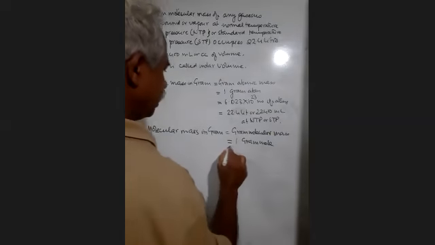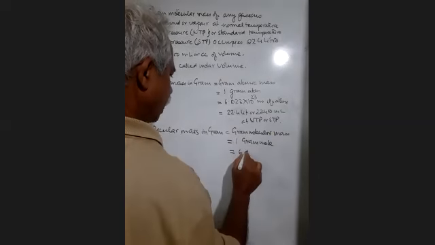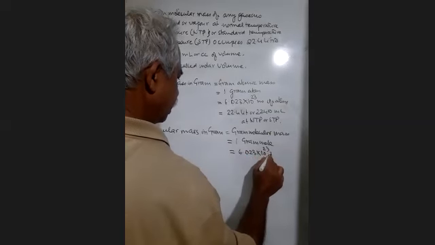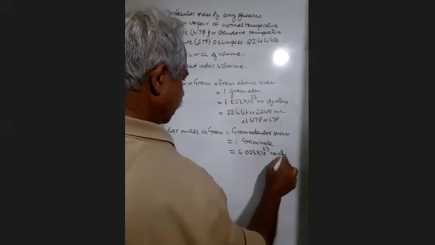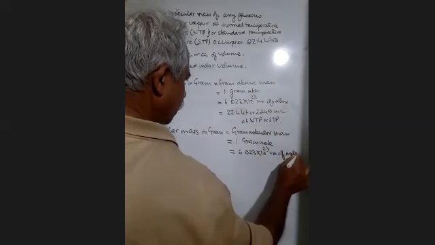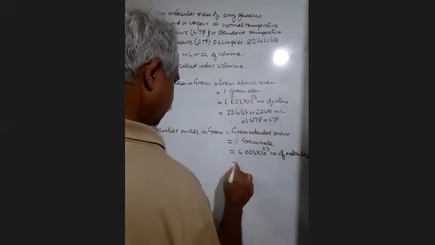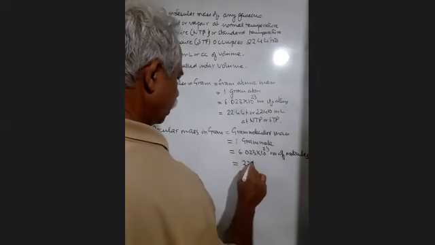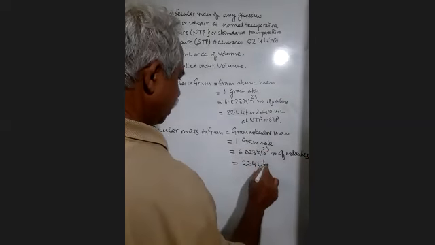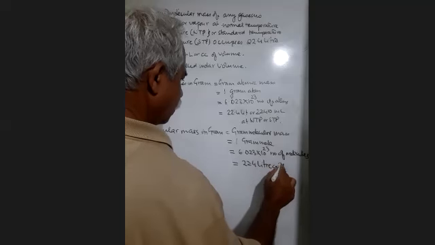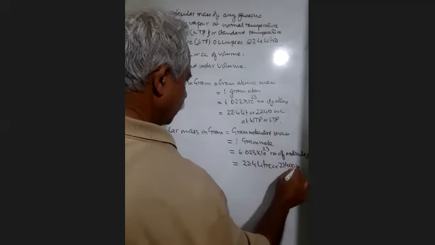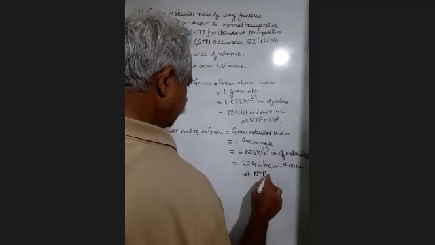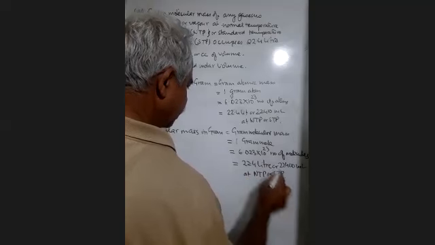So it is going to contain what? 6.023 into 10 to the power 23 number of molecules. So it is 22.4 liter or 22,400 ml at NTP or STP.